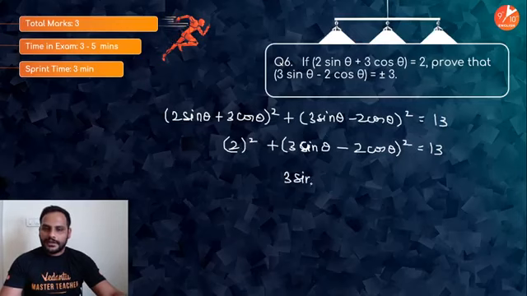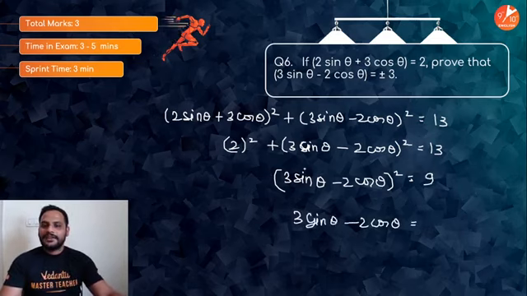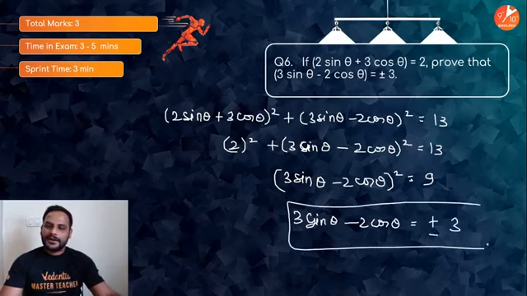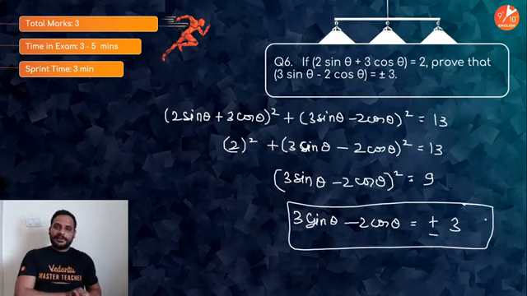We got 3 sine theta minus 2 cos theta whole square is 13 minus 4, which is 9. So I can clearly say, if x square is equal to 9, x can be plus minus 3. Khatam. Done. How good this question is and how easy it is if you understand the part.